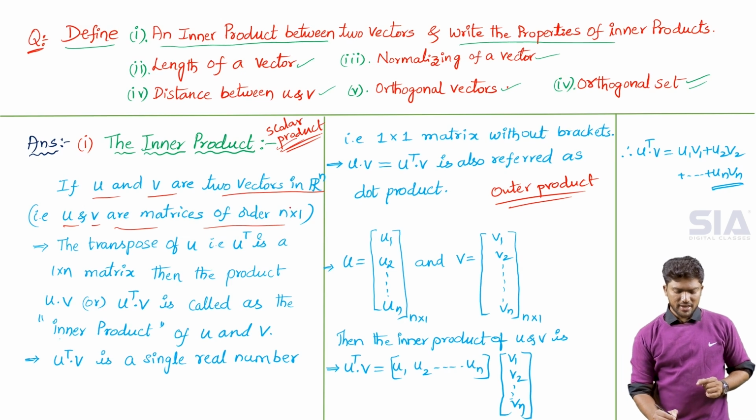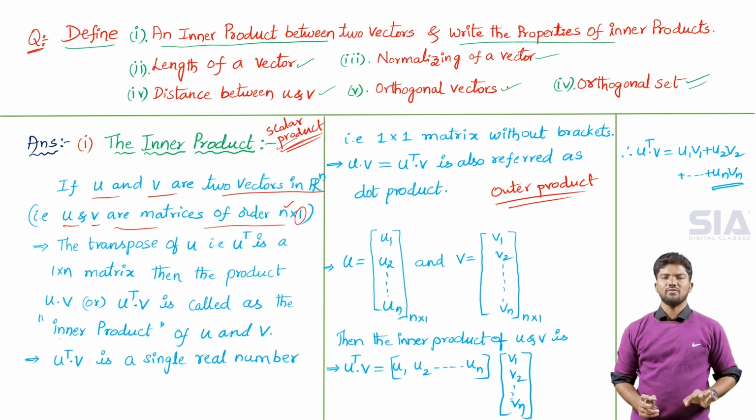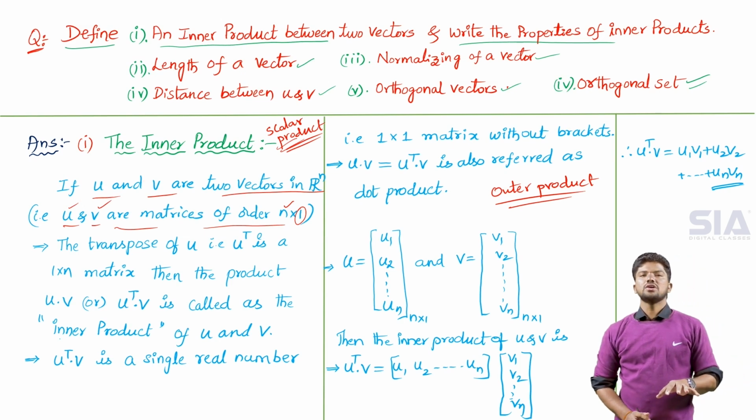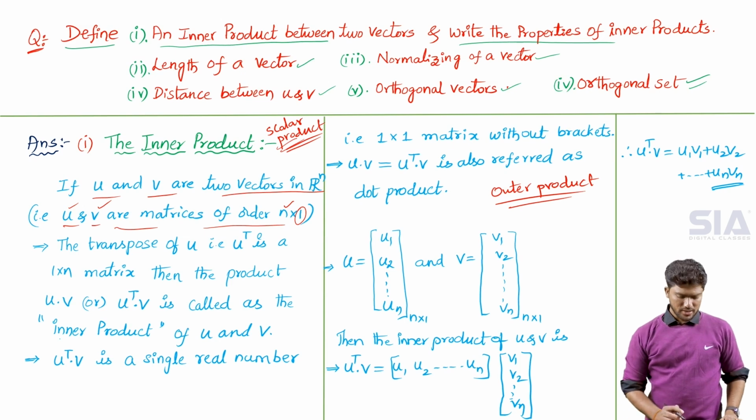In that column matrix, the number of rows is small n and the number of columns is only 1. An n by 1 matrix is called a vector. Here small u and v are two such column matrices in Rn.